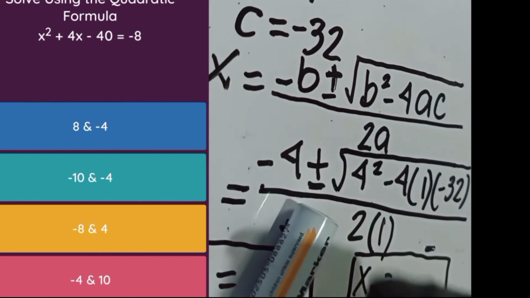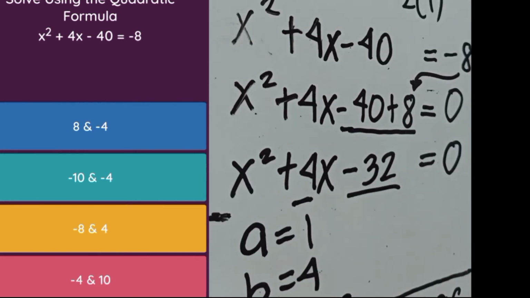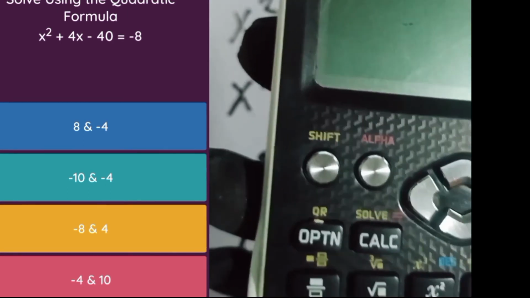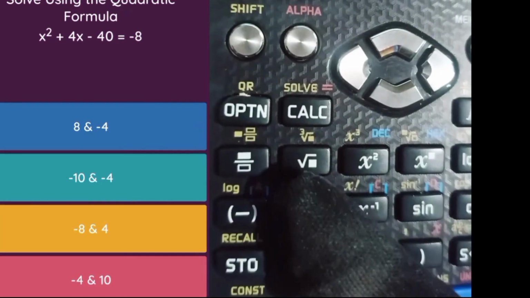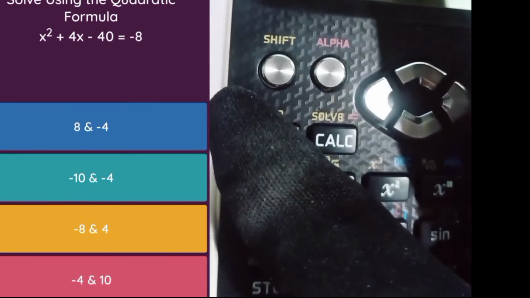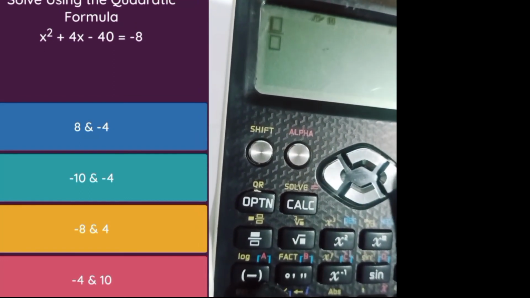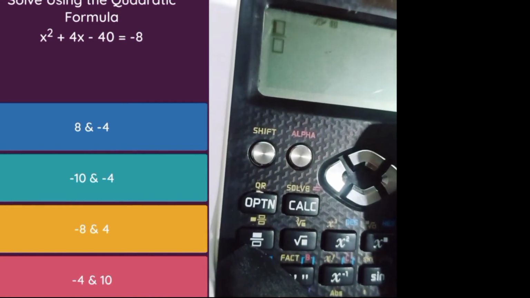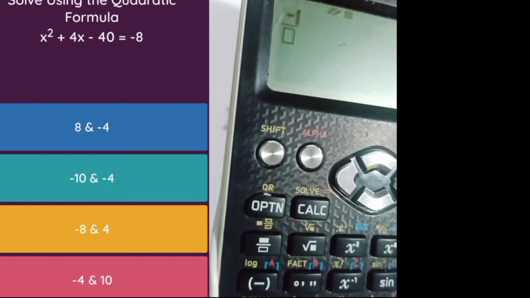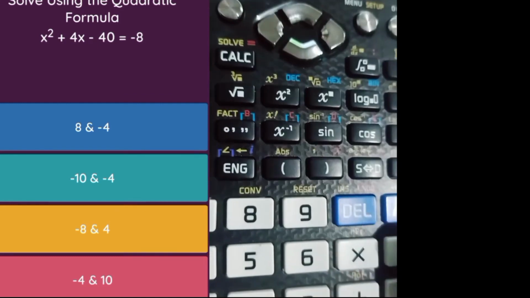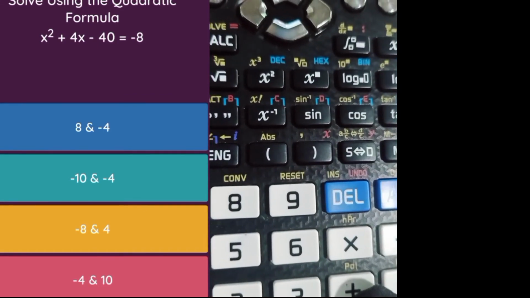Let's make use again of our scientific calculator. So let's encode the values. First, press the fraction symbol there, and then negative b. So press the negative, and then the value of b, which is equal to 4.